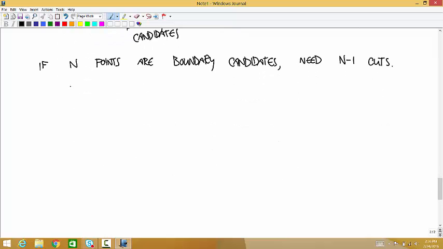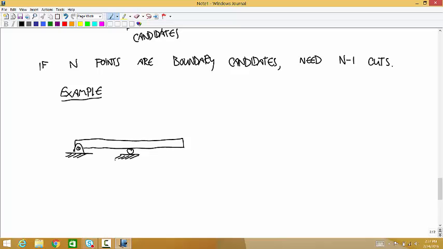Okay, so let's do another example with a little more going on. So let's say this beam at the left end point is connected to the ground by a pin joint, and then at its midpoint it goes over a roller. And then at its right end point, at an angle of 30 degrees, there's a force of 1,000 newtons.